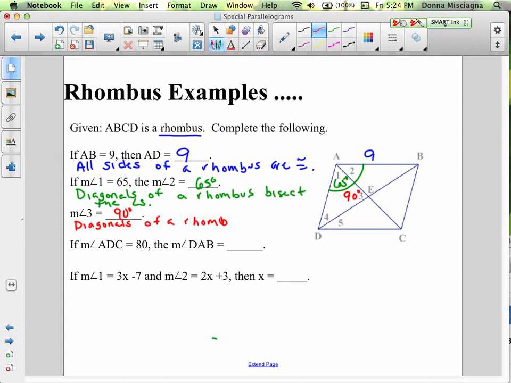Diagonals of a rhombus are perpendicular, and we know that perpendicular lines meet at right angles.